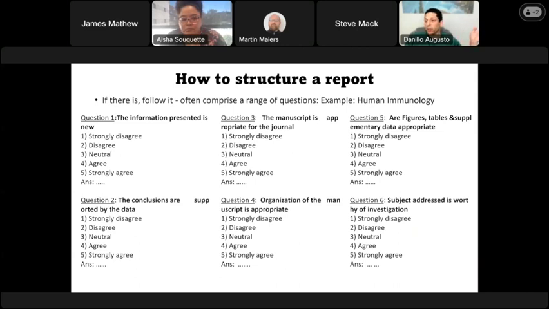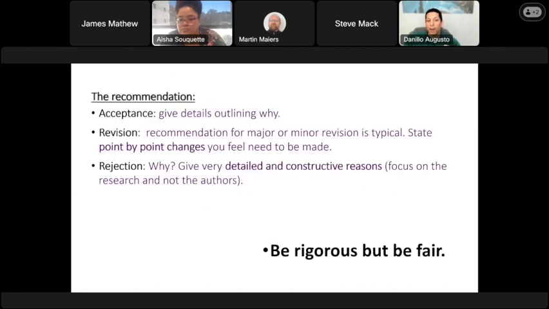Are the figures appropriate? Then from 1 to 5, the reviewers will give a score, and they can write comments on why they're giving those scores. And this is also a way to help the reviewers prepare the report in the end.